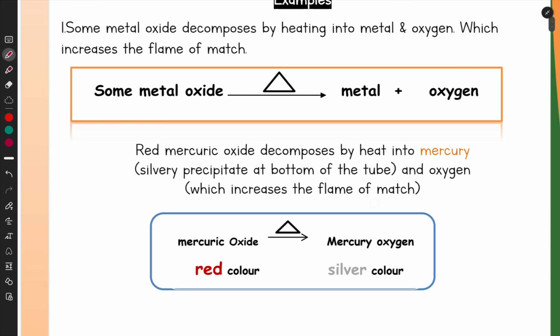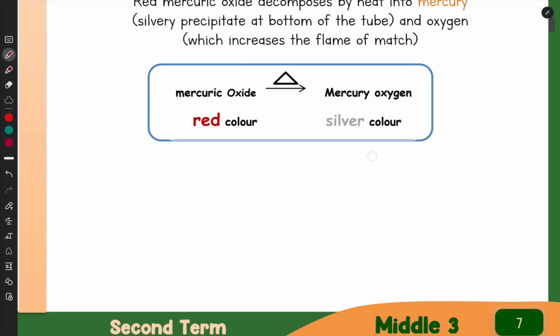For example, if we have some metal oxide, we will heat it to produce metal and oxygen. For example, we have mercuric oxide. What is the symbol of mercuric oxide? The symbol of mercuric oxide is HgO.